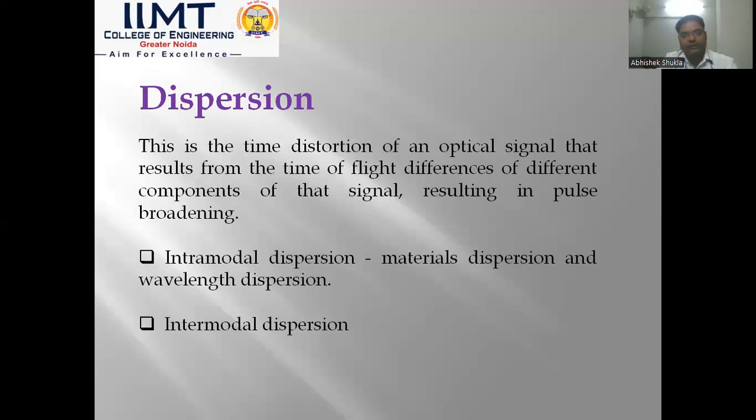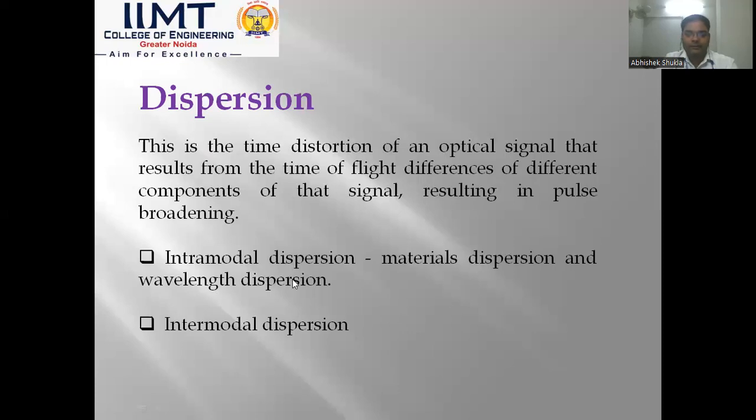It is also divided into two subcategories. It consists of intramodal dispersion, and another one is intermodal dispersion. Intramodal dispersion occurs due to material dispersion, means due to defects in the core-cladding interface, or at the time of manufacturing there are defects due to which this type of dispersion occurs.